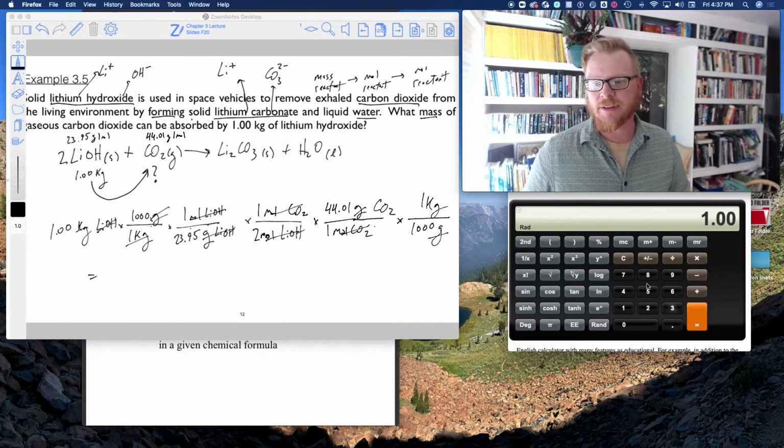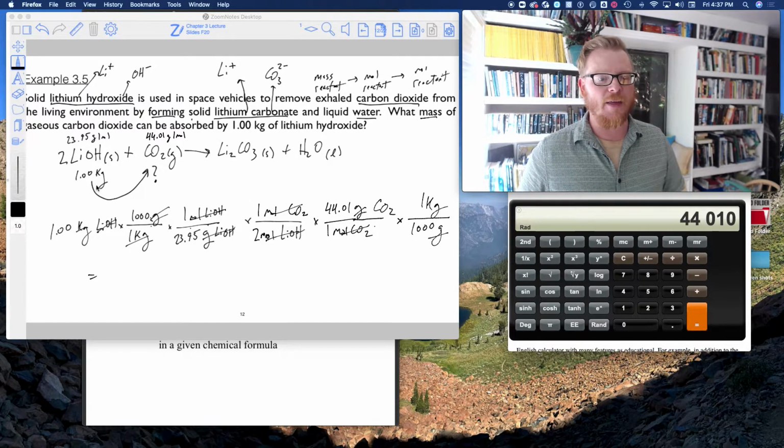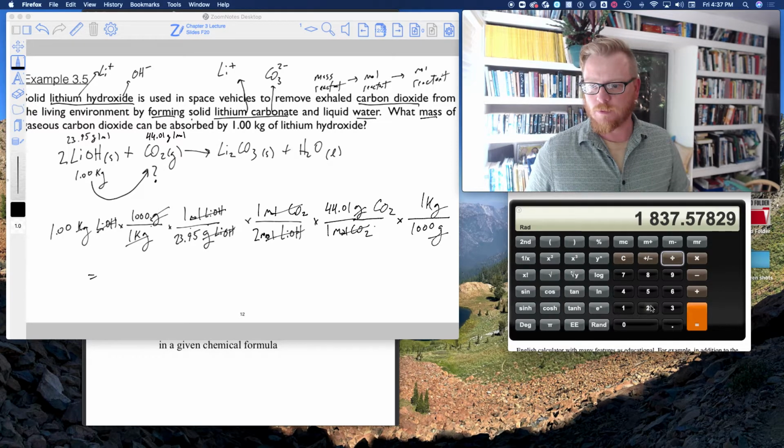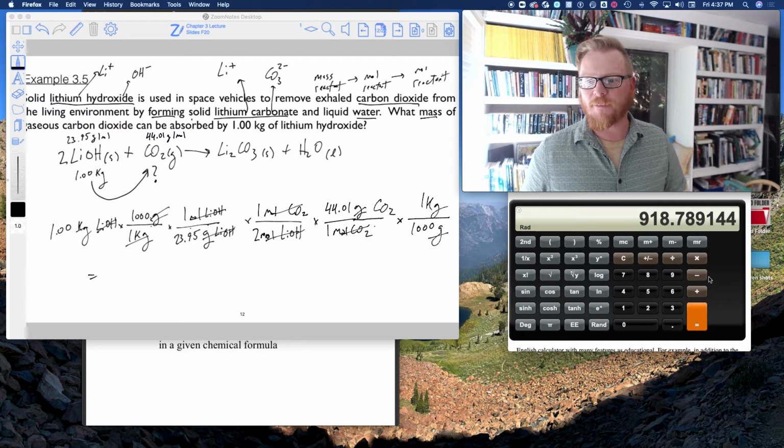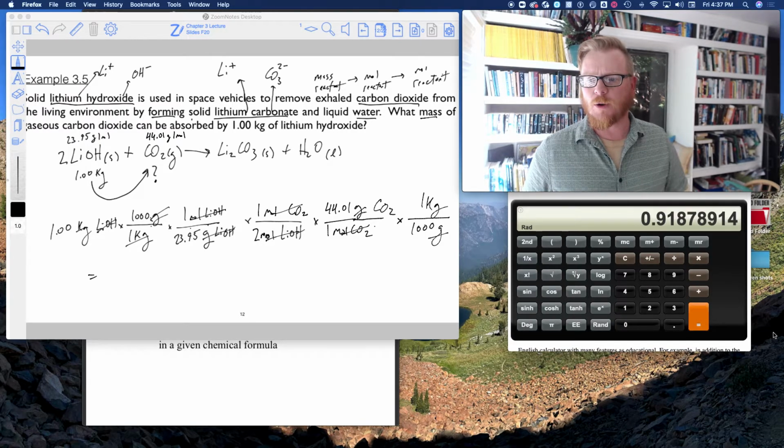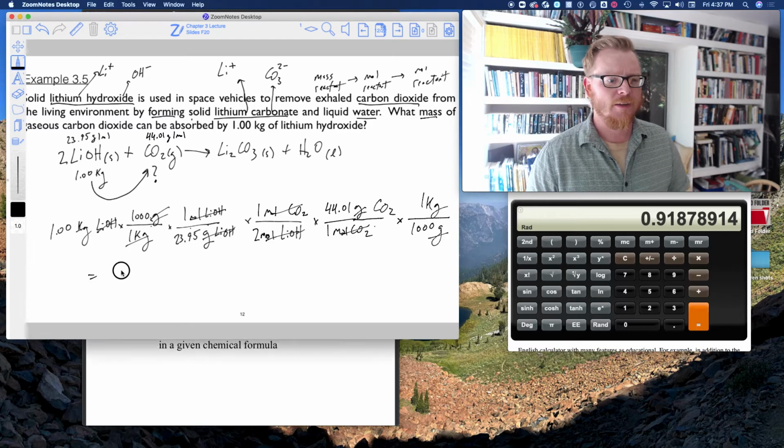To make life easier, 1,000 times 44.01 equals, then divide by 23.95 equals, then divide by 2 equals, then divide by 1,000 equals, and I get 0, and I want 3 sig figs, 0.919 kilograms of CO2, which is the same thing as 919 grams of CO2.